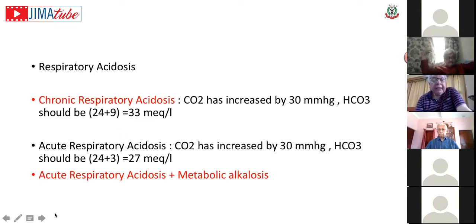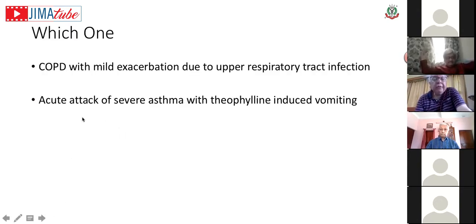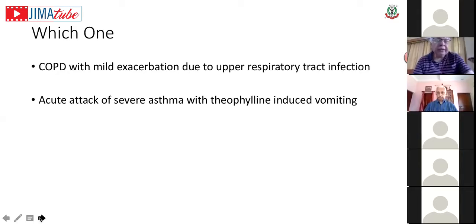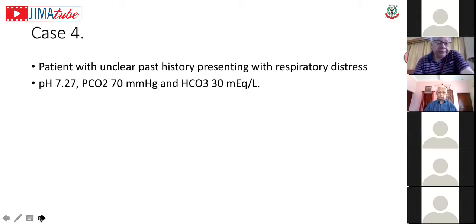Without knowing the case, you will not be able to know exactly which it is. A physical examination: if it fits with asthma, then this might be the case. If it is more of a COPD, then this might be the case. So you have to look at the patient and then decide which explanation is correct. So always look at the clinical context.